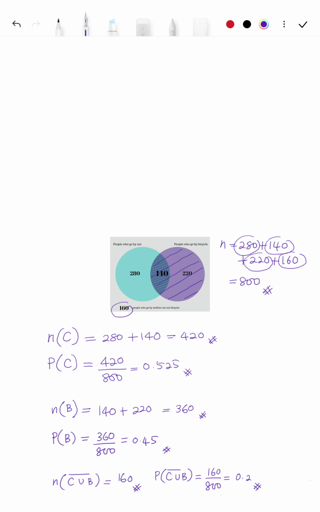0.2. Okay, let's say we are going to redraw the Venn diagram, but this time by using probability value. But you must be careful, because actually you should find the probability value for each number.